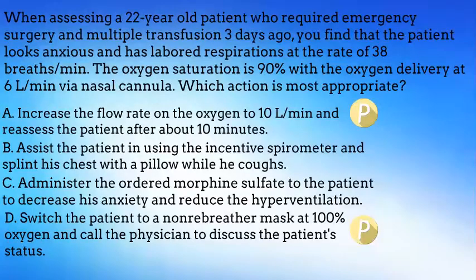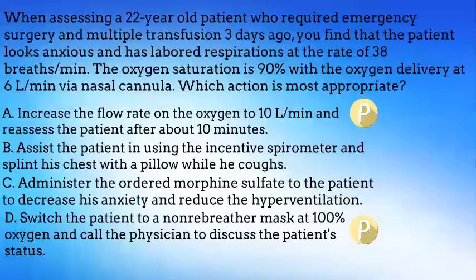Okay, so let's decide which of these two is our correct answer. First, we have option A, turning up the oxygen on the nasal cannula and checking on the patient's status in 10 minutes. Option D, we're placing him on a non-rebreather, which is a method of delivering high levels of oxygen and calling the physician to discuss the patient's status.